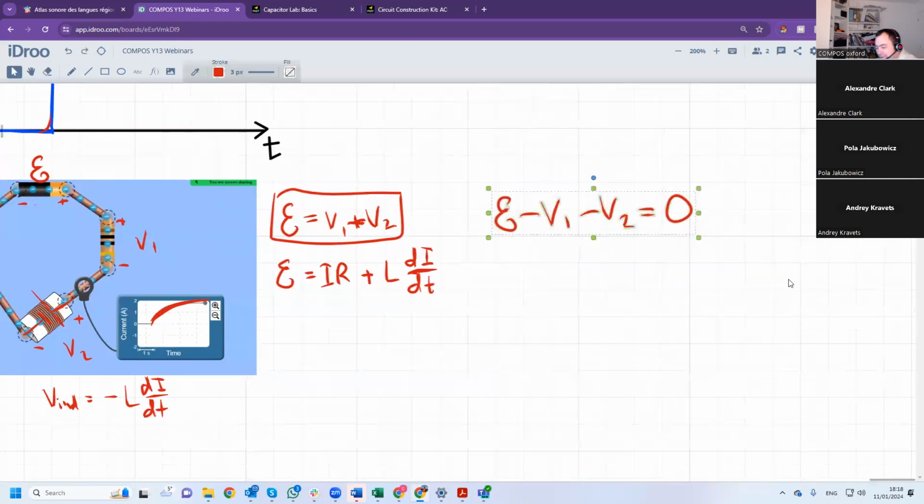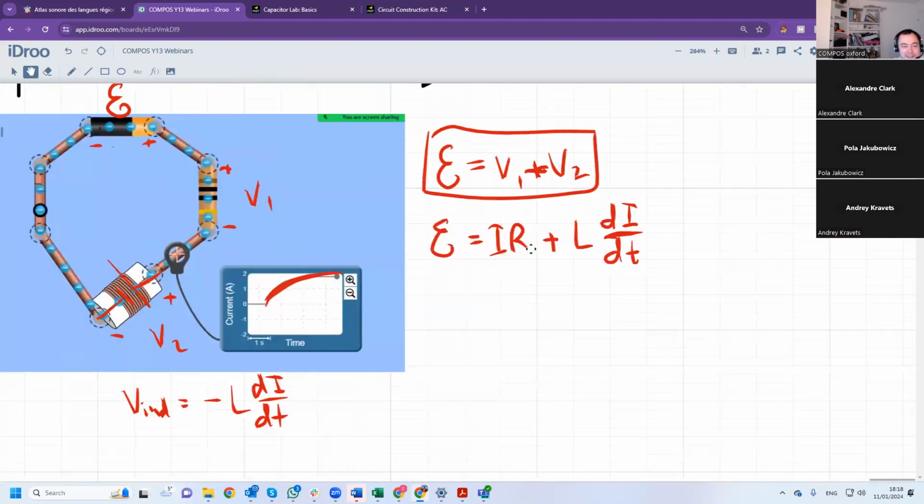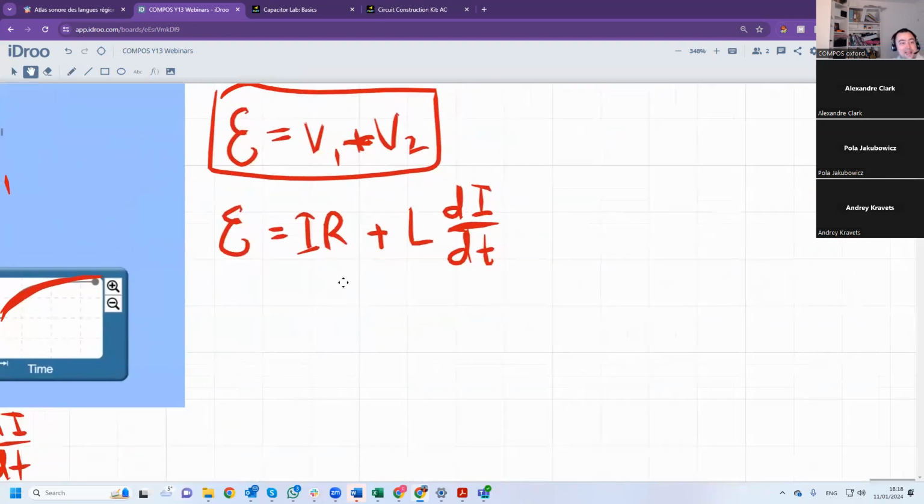Okay, so I'm going to delete that, and then you can see that this is a differential equation in terms of I and EMF, and we can solve this.